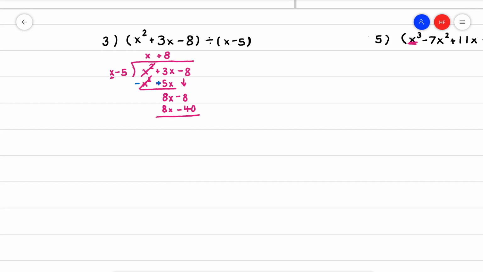Subtracting that entire thing, so we'll change both their signs. 8x minus 8x will cancel, and negative 8 plus 40 is a positive 32. I have nothing left to drop, so that is my remainder. So my answer is what's on top, x plus 8, and then the remainder of 32.